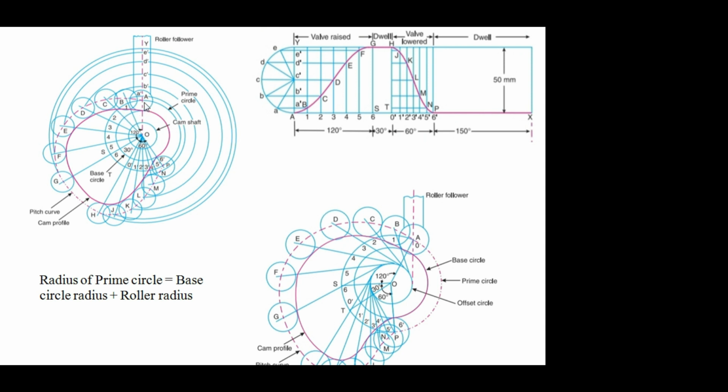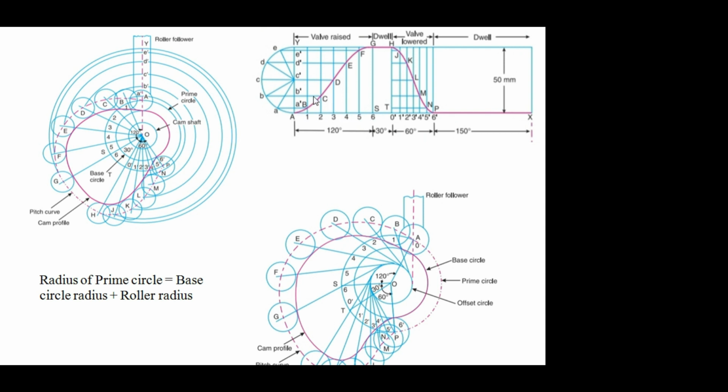Now here, during the initial position of the follower, the roller center lies on the prime circle. The center of the follower is going to shift from the prime circle. So here divide the theta O in equal even parts as that of theta O in the displacement diagram.